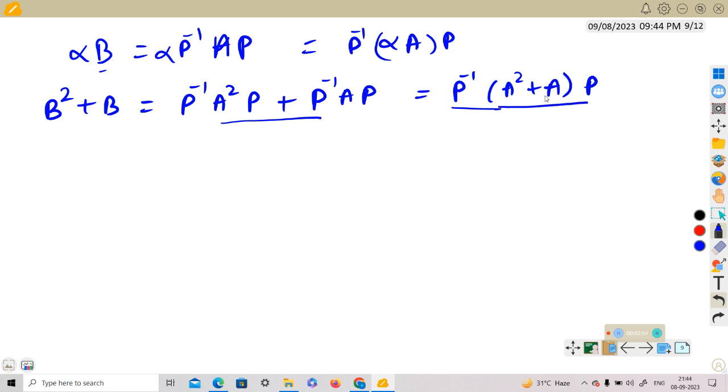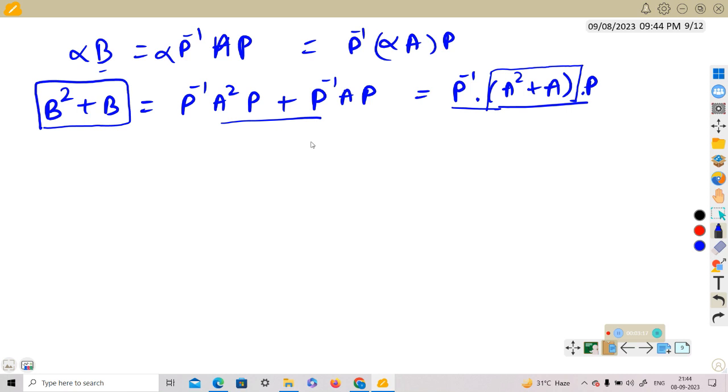There is no issue, just calculation. Now again see here, there is a polynomial in B and the same exact polynomial is here in A, and we just multiplied by P inverse and P on both sides.